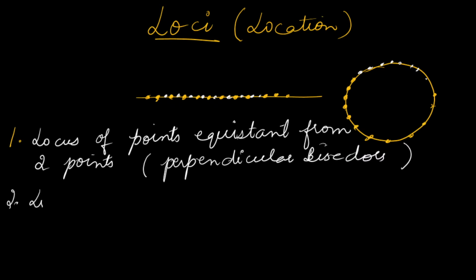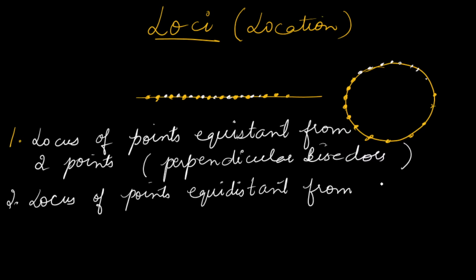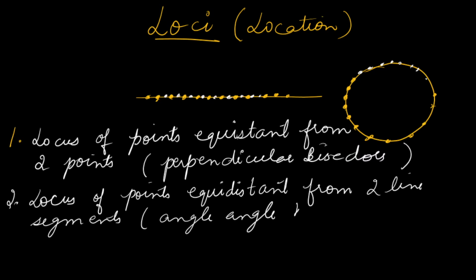Secondly, for a locus of a point equidistant from two line segments, that time you have to draw an angle bisector.